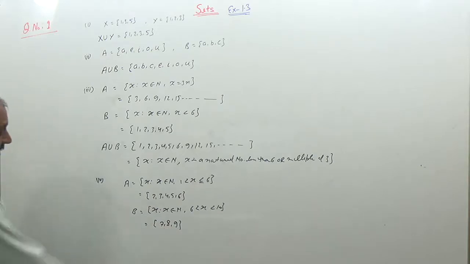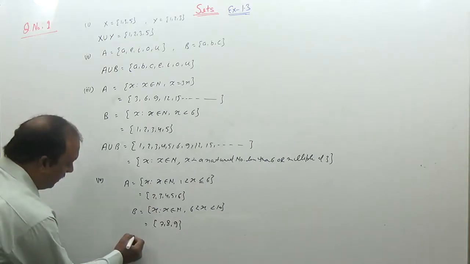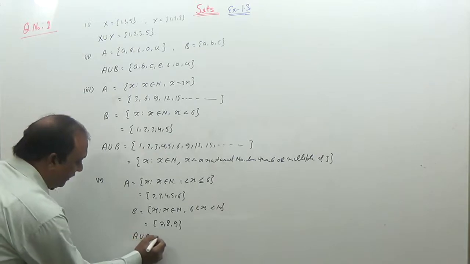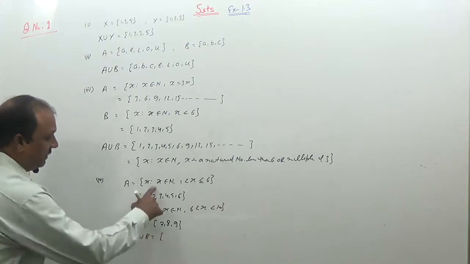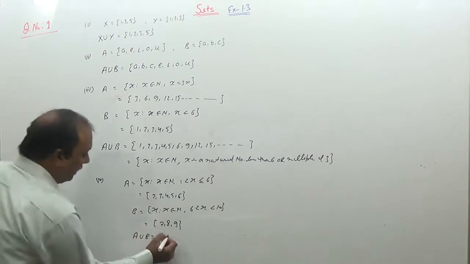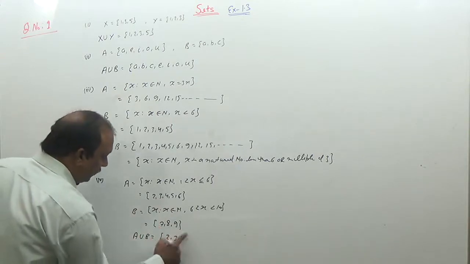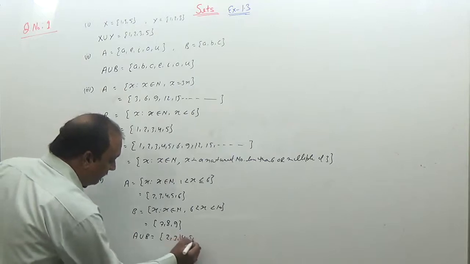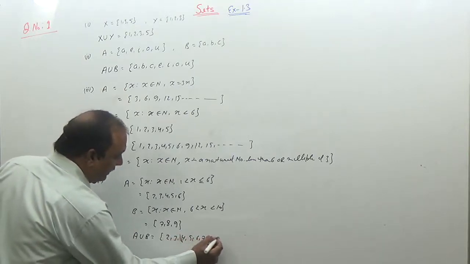So we have two sets with their elements, and we have to find A union B. So A union B is a set which contains all elements of A as well as elements of B, that is 2, 3, 4, 5, 6, 7, 8 and 9.